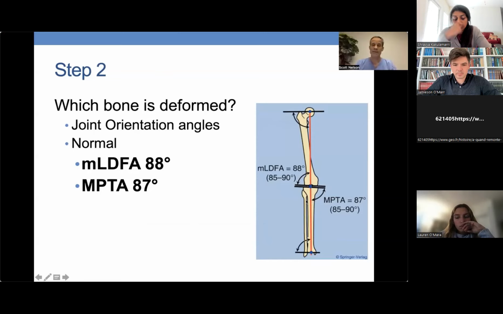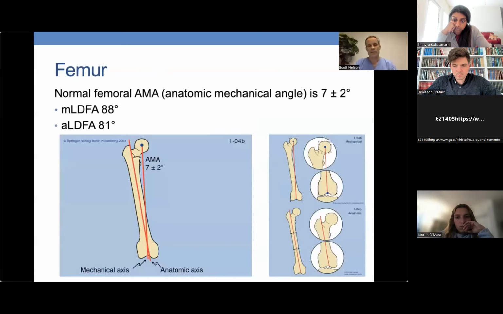And in the tibia, the MPTA, which stands for medial proximal tibia angle, makes an 87-degree angle with the joint line. So remember that for the moment, and then I'm going to introduce you to one more angle. So we have 88 and 87, and now I have to talk to you about 81.